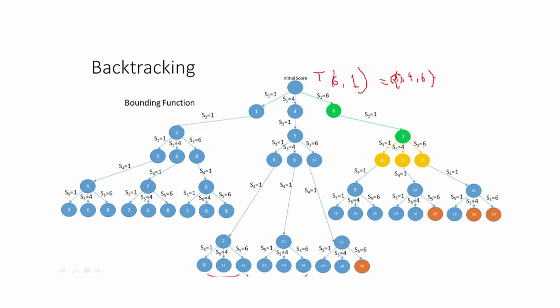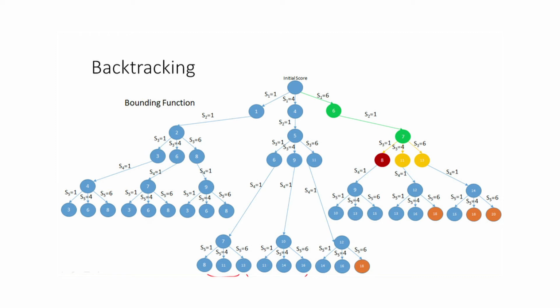Let's suppose we choose 1 and verify whether this path can be followed or not. So we consider V3 of 6 comma 1 comma 1, and we try to test whether it is valid or not.